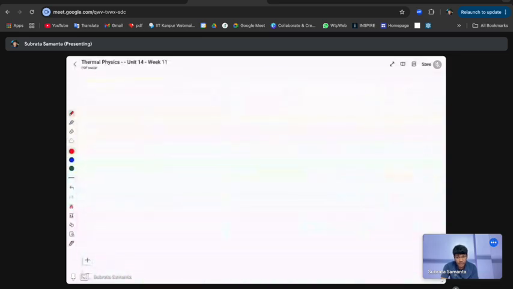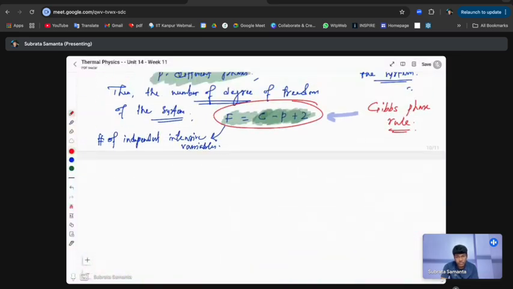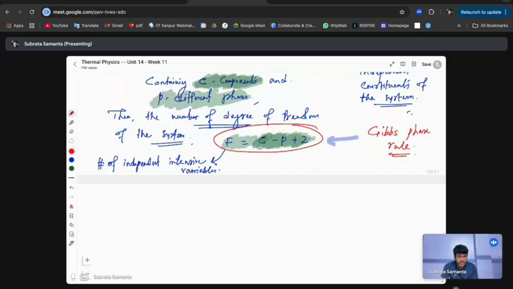Let's discuss some other types of systems. So far we are dealing with only gaseous systems, but what is the case for an elastic rod system?